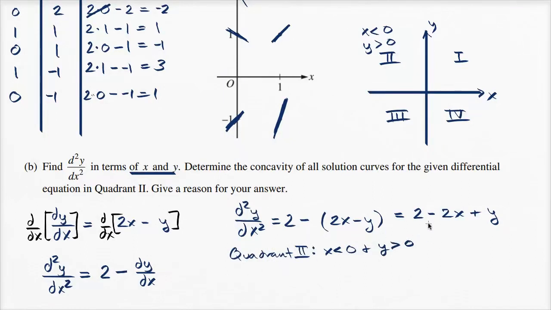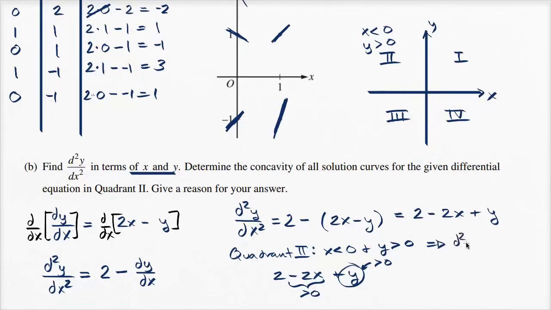And so if that is the case, so we have 2 minus 2x plus y. So this right over here is going to be greater than 0. And negative 2 times a negative value, well, this is also going to be greater than 0. So in quadrant 2, because of this, that means if this whole expression is going to be positive, negative 2 times a negative number is going to be positive, plus a positive is going to be positive.